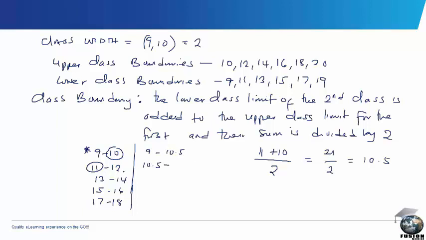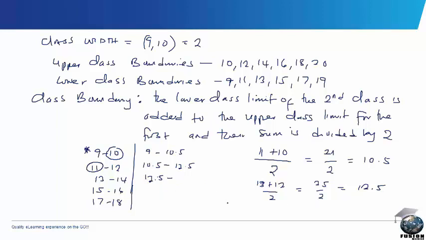Let's find out what stays here. The same thing, 13 plus 12 all over 2, which gives us 25 over 2, and this gives us 12.5. So here is 12.5. Then what is the class boundary for this class?